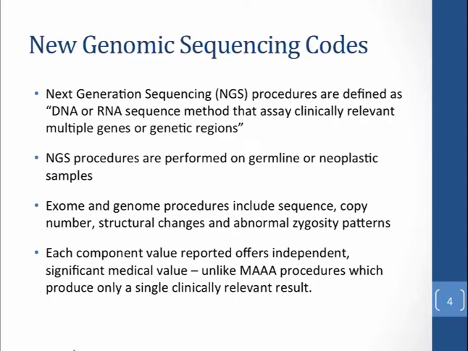These are essentially codes that use DNA or RNA sequence methods to assay clinically relevant genes, and that's a key factor in how these codes are defined. They're defined by their clinical application more actually than their technology or how you perform the tests.